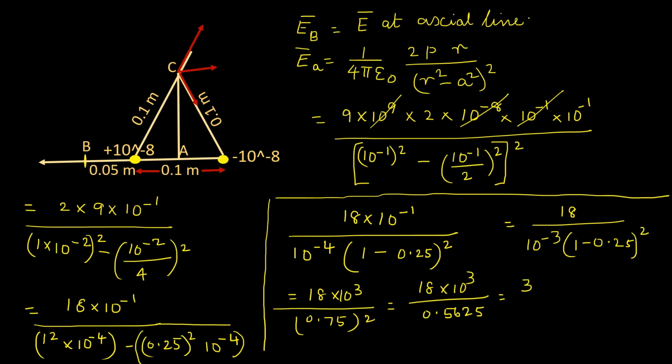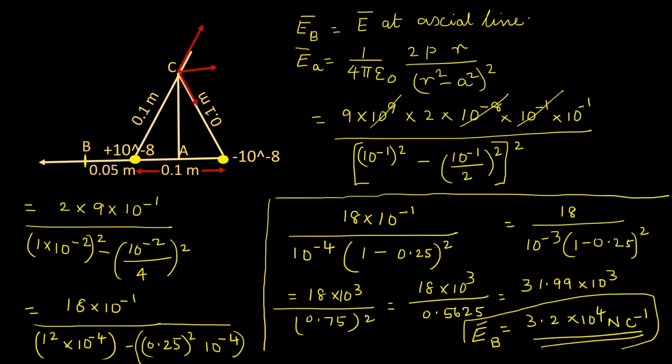That becomes 31.99 into 10 raised to 3, which can be written as 3.2 into 10 raised to 4 Newton per Coulomb. So electric field at B, that is along axial line, is equal to 3.2 into 10 raised to 4 Newton per Coulomb. The direction of the electric field is along the direction of the dipole moment.